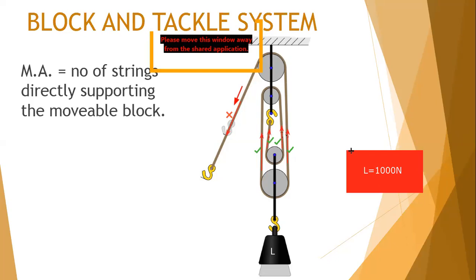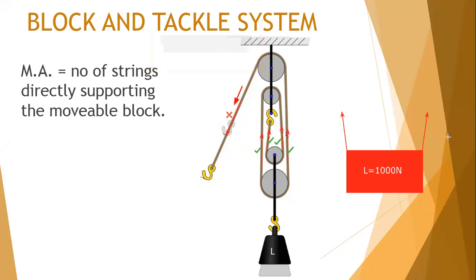Assume I cannot do it. So what will I do? I will ask my friend. My friend will apply a force from this end and I will apply a force from this end, and we both will try to lift it. Assume we successfully lifted it.